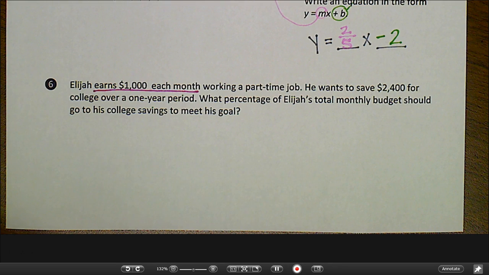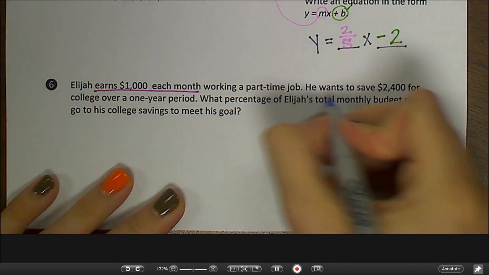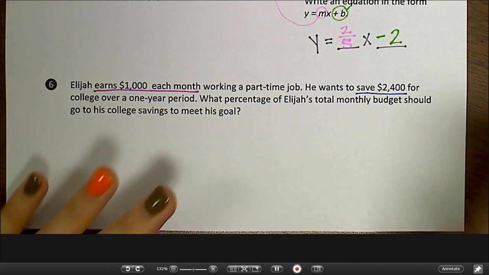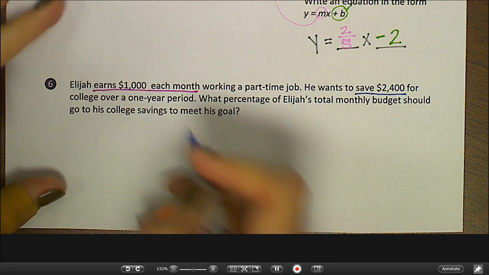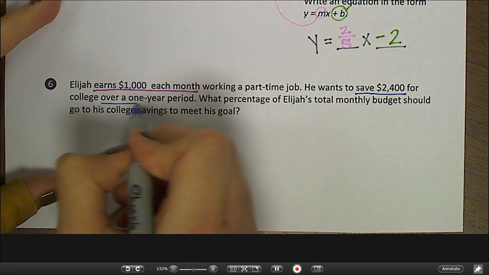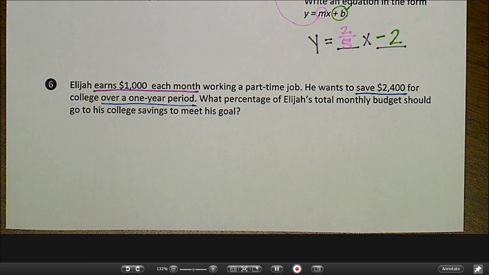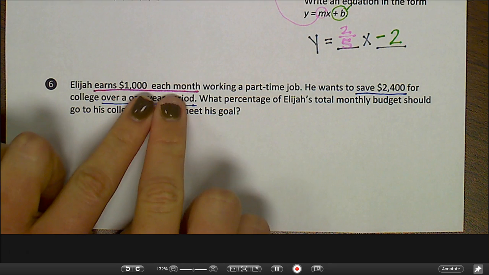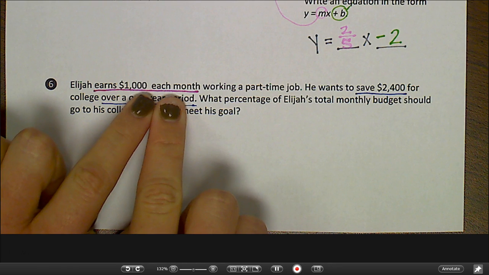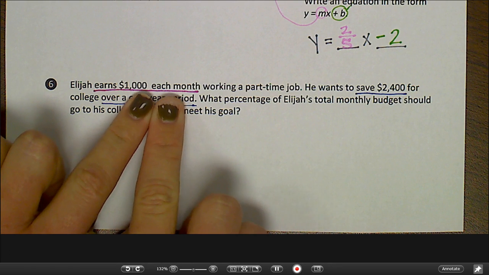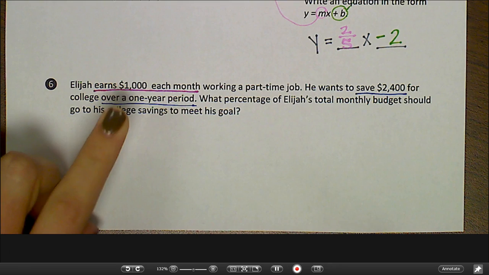And he wants to save $2,400 over a 1-year period. Well, okay, let's think to ourselves. A 1-year period, but his salary is in months. And we usually do monthly budgets. So let's change this into months. Let's just do that really quick.